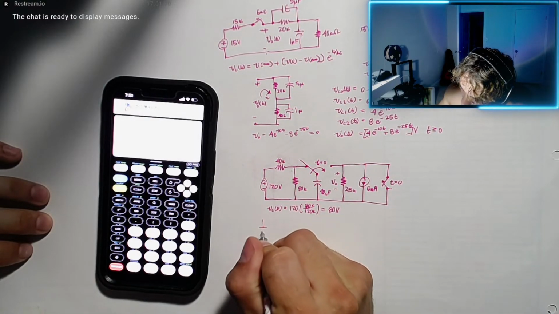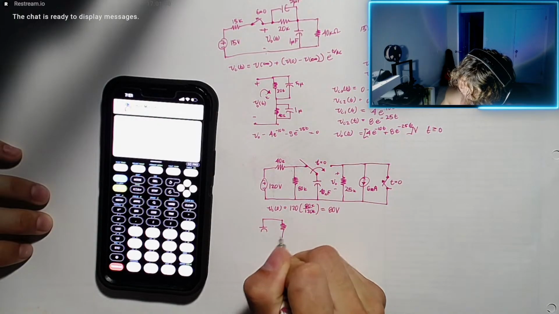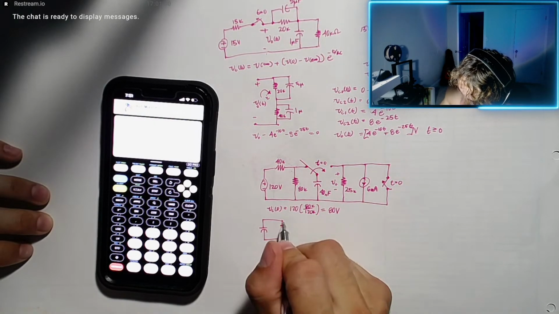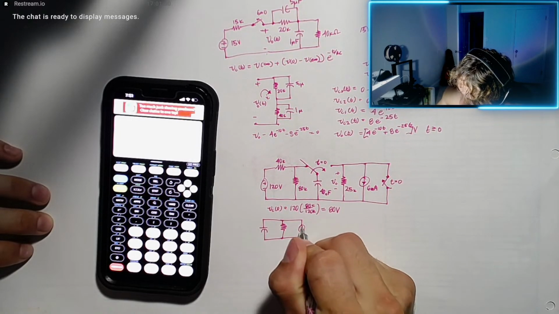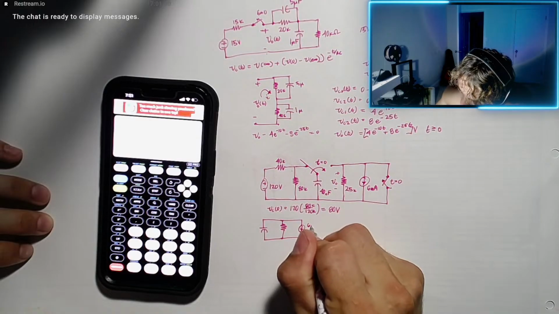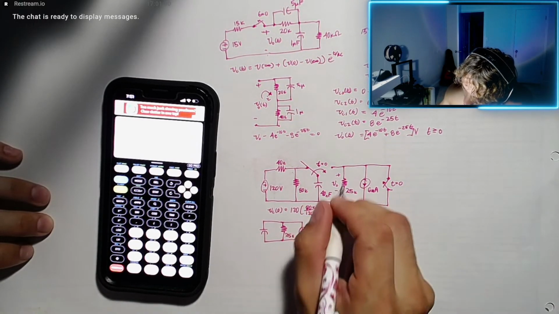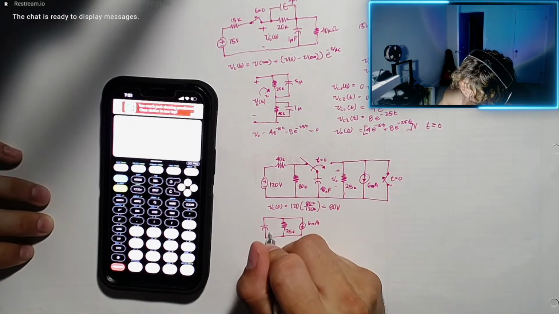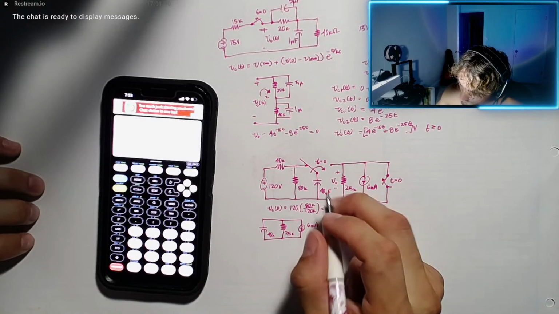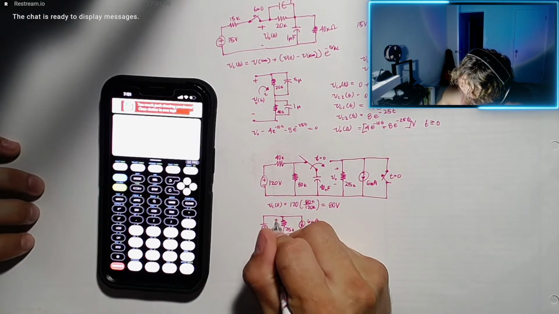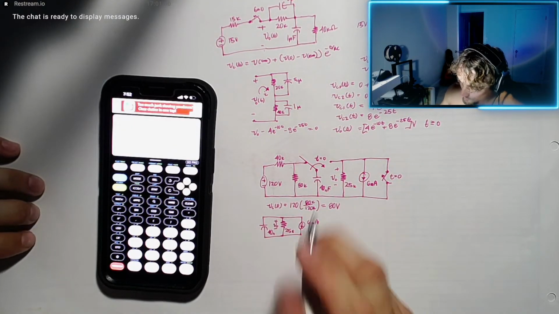We can redraw that to get a better visual: 25K and 40 nano. Okay, what do we want to know? We want to know the voltage across this, which is the voltage across the capacitor also.